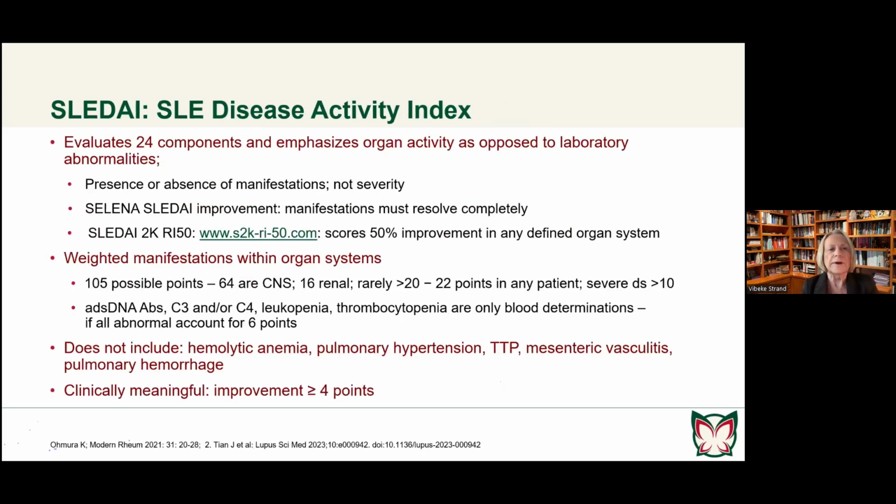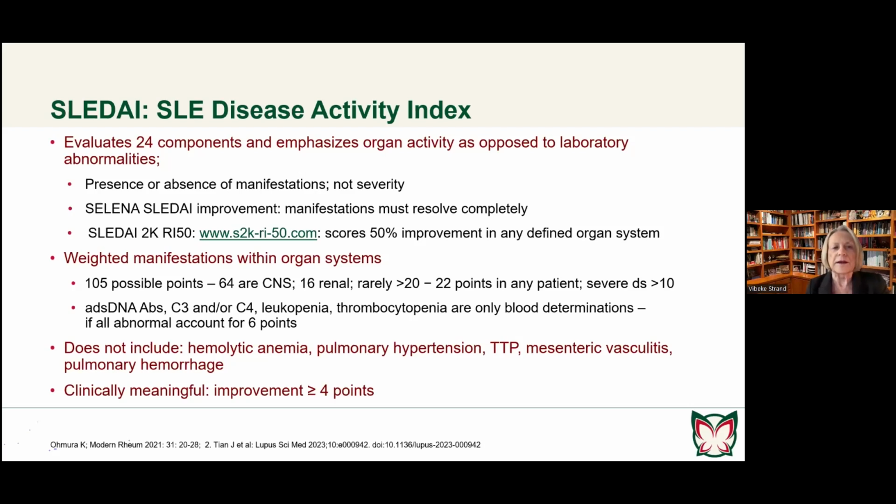Just to remind you about the SLEDAI, we've talked about it already, but there's 24 components, yet the scores rarely go above about 12 to 15. The presence or absence of manifestations, but not the severity, is what's scored. And we do like the SLEDAI 2K RI50, which will score 50% improvement, but that's not necessarily what's used.